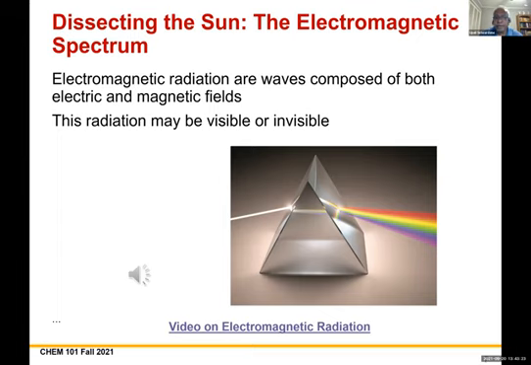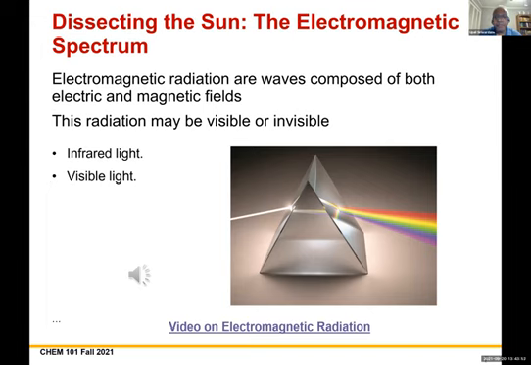This prism here breaks up the sun's radiation into the visible region. There is radiation beyond the red and the violet regions that you cannot see. Infrared light appears above red light and is low energy.